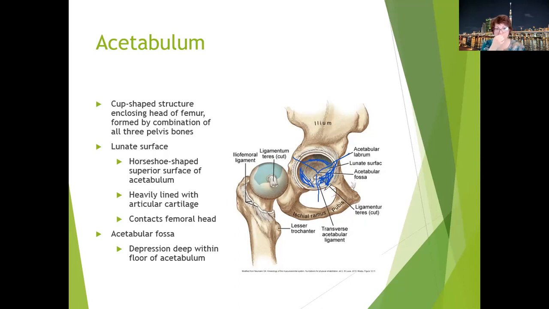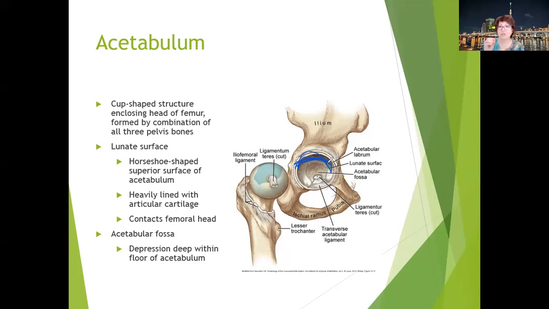The lunate surface is the horseshoe surface superiorly in the acetabulum, and that is actually the weight-bearing surface that comes in contact with the femoral head. So the pelvis sitting right on the femur, that's the surface that it articulates.